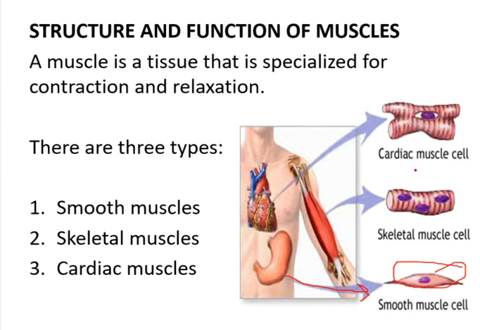Then the skeletal muscles, as you can see from the word skeleton, are striated, that is because they have striations. Then the cardiac muscles basically are the heart muscles. They look like this. We call them cardiac muscles.